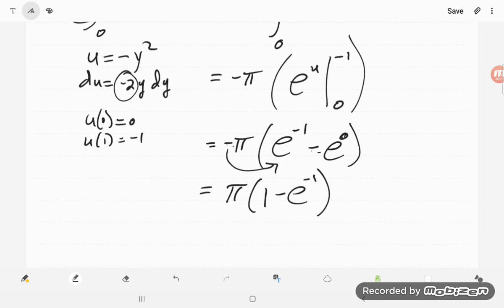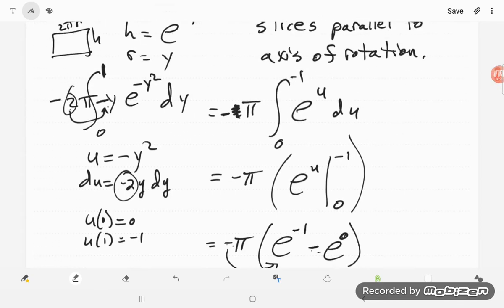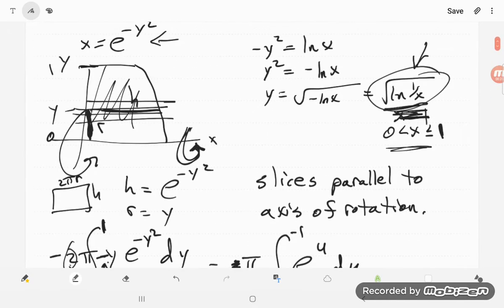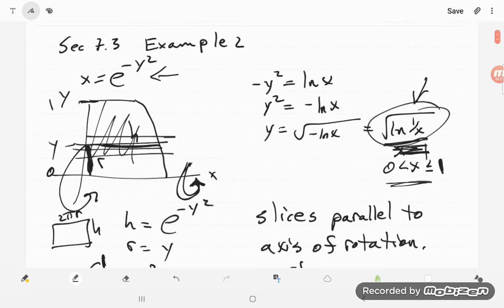So let's go ahead and just try this. Now the question is, if y is going between 0 and 1, what is x actually going between? Because I said this function is defined here between 0 and 1. But if y is 0, x is 1, right?